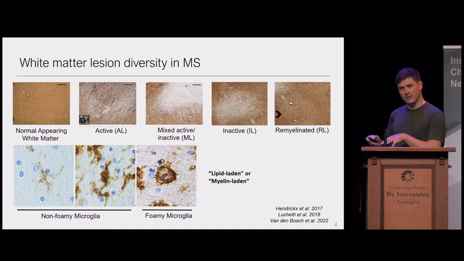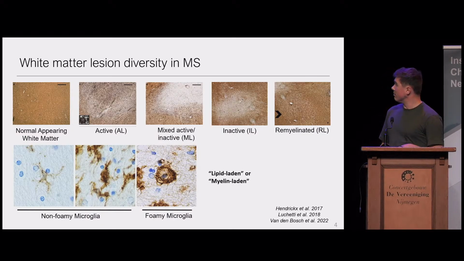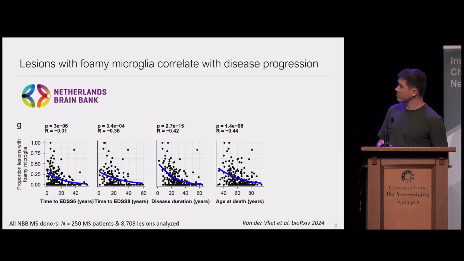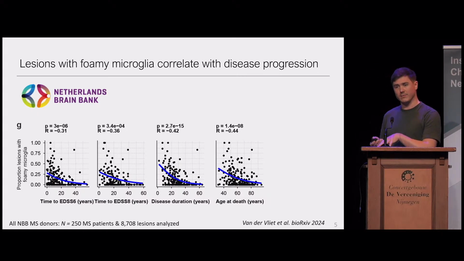And we've known that they arise for a long time, but what their exact role is quite unclear. Are they beneficial or detrimental? Are they a determinant for the outcome of this lesion? That still remains a question. What we've seen in the clinical cohort of the Netherlands Brain Bank is that MS donors who at the time of their death had a lot of lesions with foamy microglia in their white matter actually tended to have a very progressive disease.